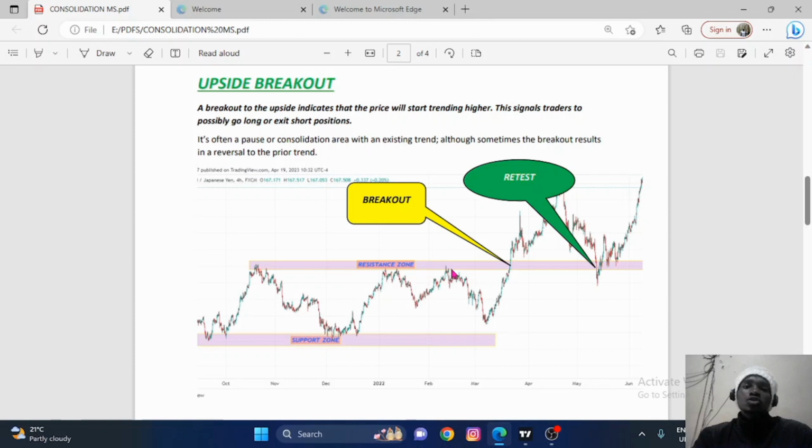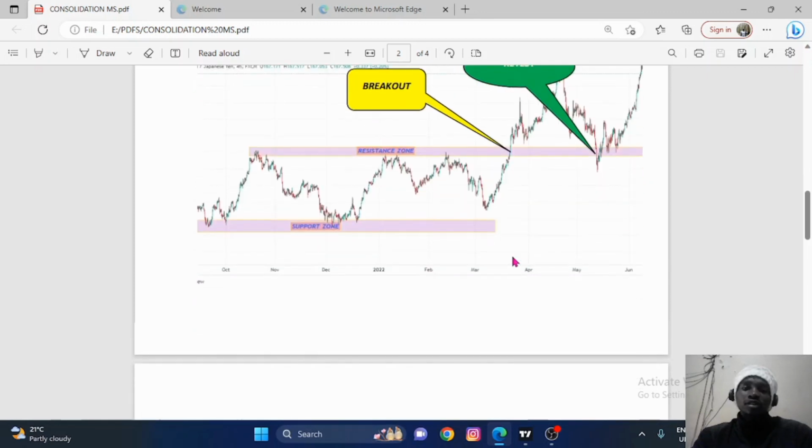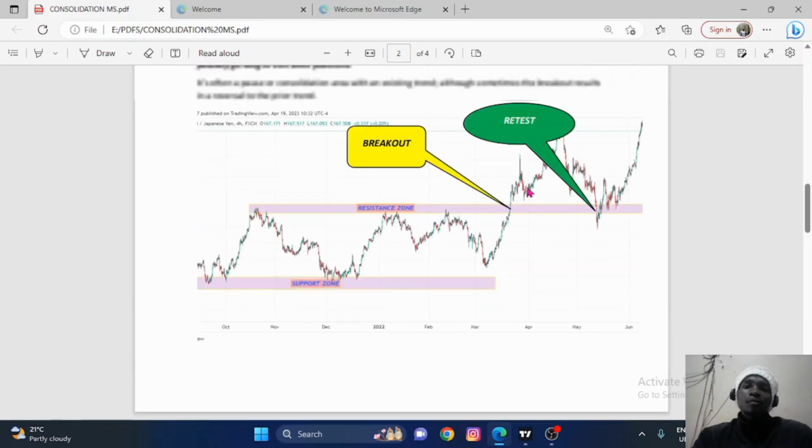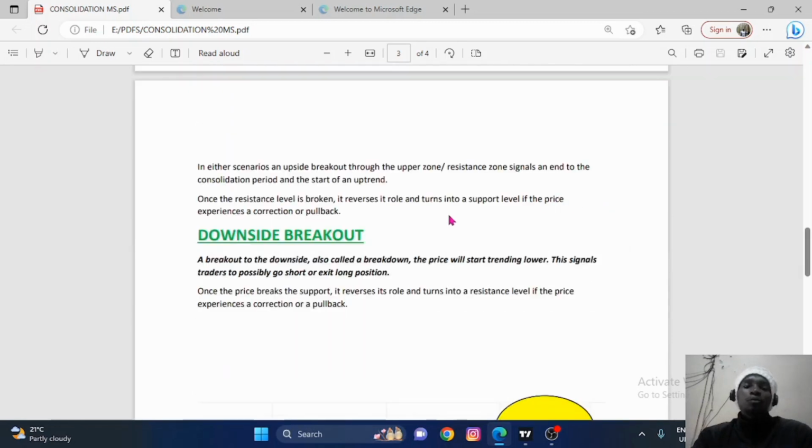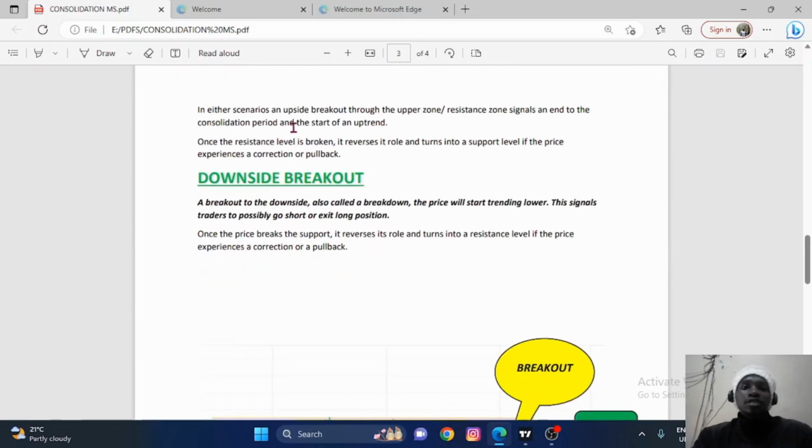As you can see, I have put a very good illustration diagram picture. This is a screenshot especially of what I have talked about there. Now, in either scenario, an upward breakout through the upper zone, that is the resistance zone, signals an end to the consolidation period and the start of an uptrend.